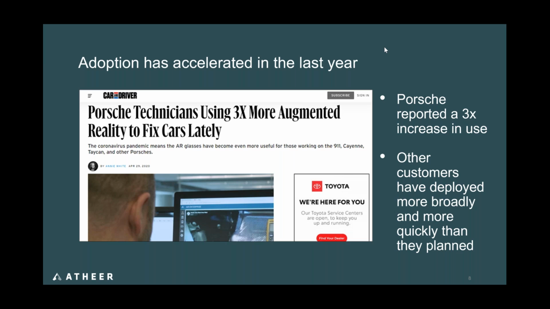And we've had other cases where existing enterprises who were planning on using it for just one use case suddenly found there were 2 or 3 other use cases which came about because they had people who couldn't travel, or they had other situations where they needed enterprise AR, where suddenly it became really important to do it right away. Nag, do you want to talk a little bit more about that?